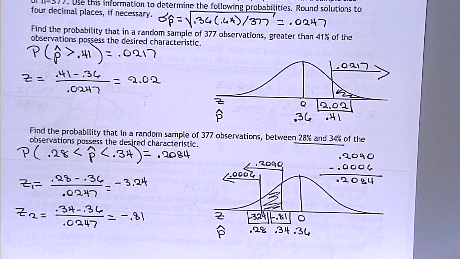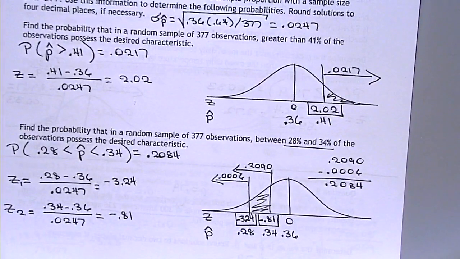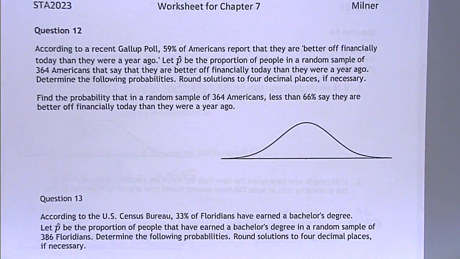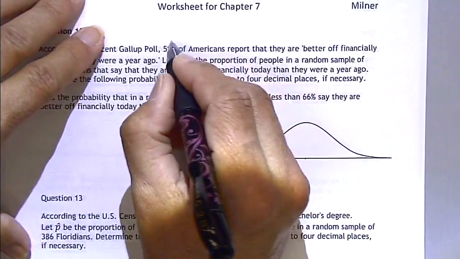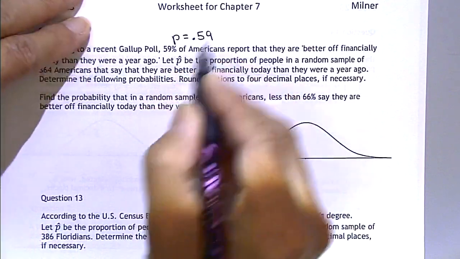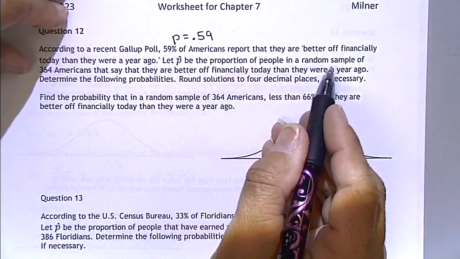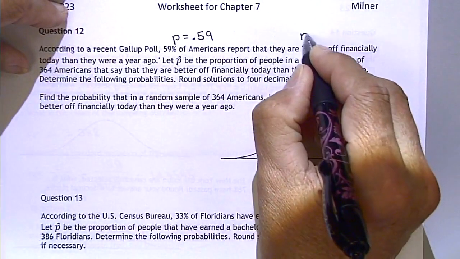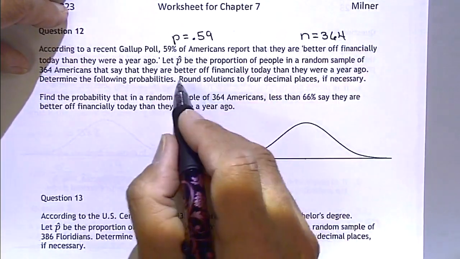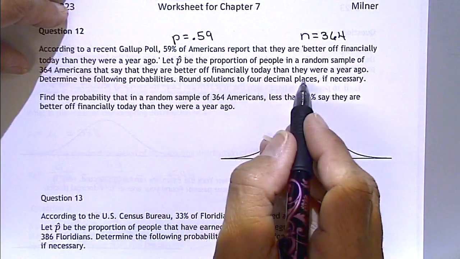Okay, moving right along. I know I'm going quick, but you do have a tape. Okay, so there's a Gallup poll. In this poll, 59% of Americans report they're better off financially today than they were a year ago. Okay, that looks like all Americans to me, so that's going to be P, right? And p hat's going to be the proportion in a random sample of 364 that say they are better off financially today than they were a year ago.